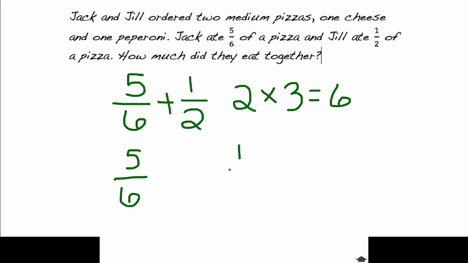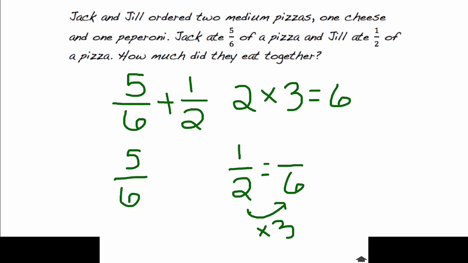However, we need to switch the 1/2. We need to find an equivalent fraction to 1/2 using 6 as the denominator. We found out up above, to get from 2 to 6, you multiply by 3. Whatever we do to the bottom, we have to do the exact same thing to the top.